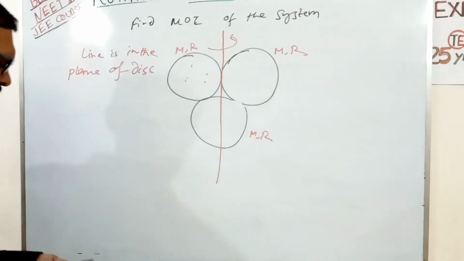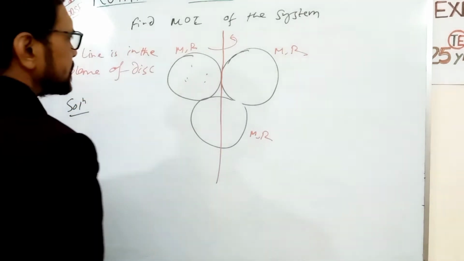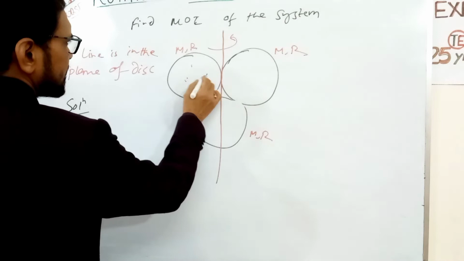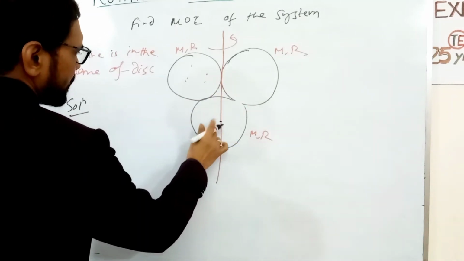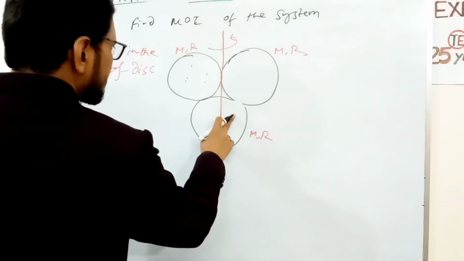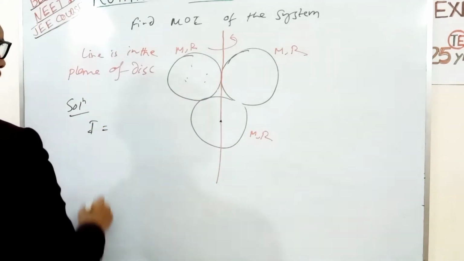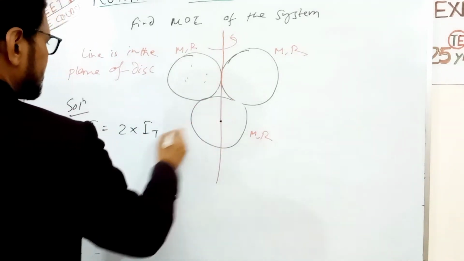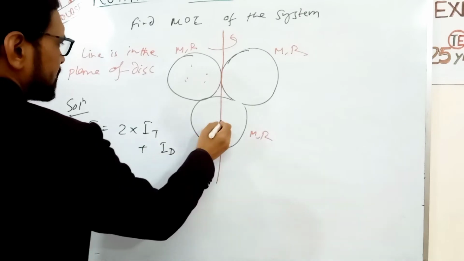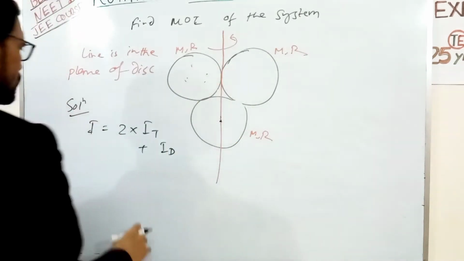So to find the moment of inertia, this line is tangent to the two disks, and this line is also the diameter of the disk. So I equal to 2 of I tangent plus Id, this is the tangent, and this is the diameter.